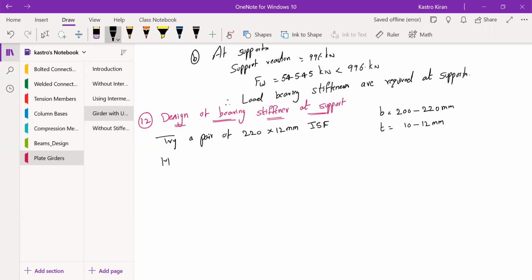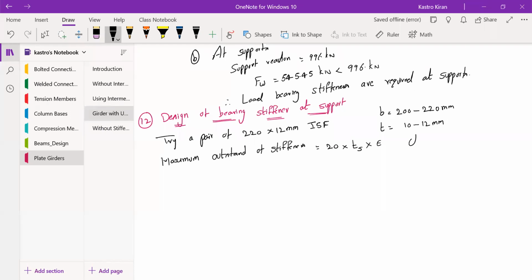Before finding that, you need to find out the maximum outstand of stiffener. How will you find out this maximum outstand value? You can find it as 20 times the thickness of the stiffener, where TS represents the thickness of the stiffener, times epsilon.